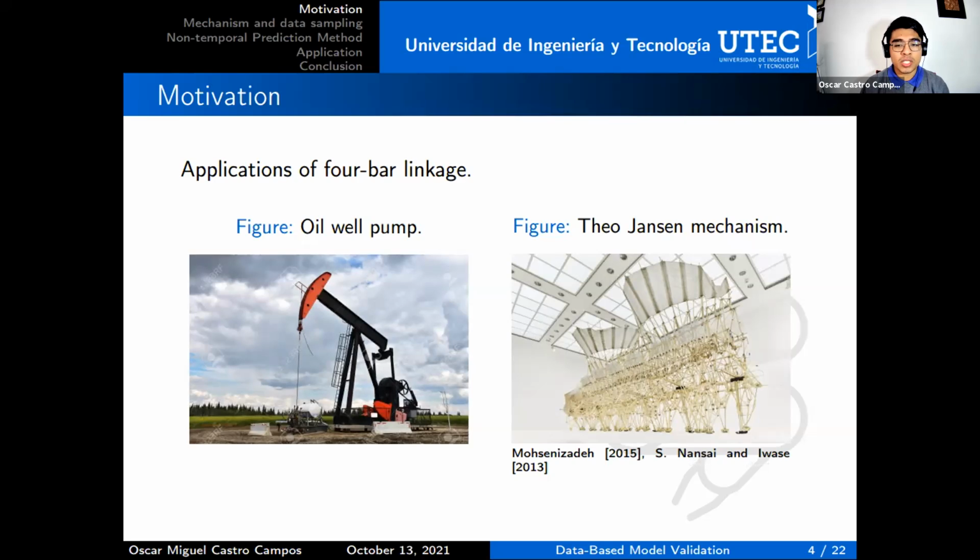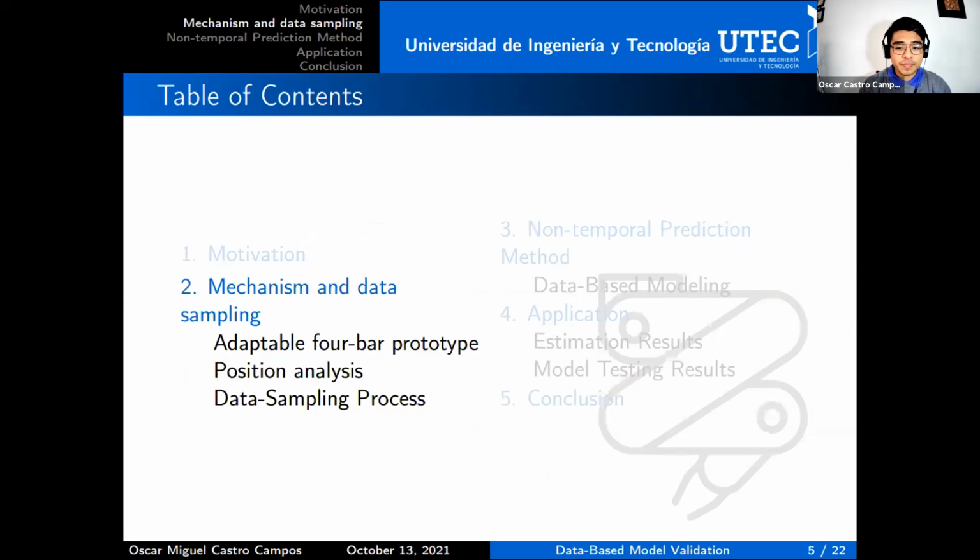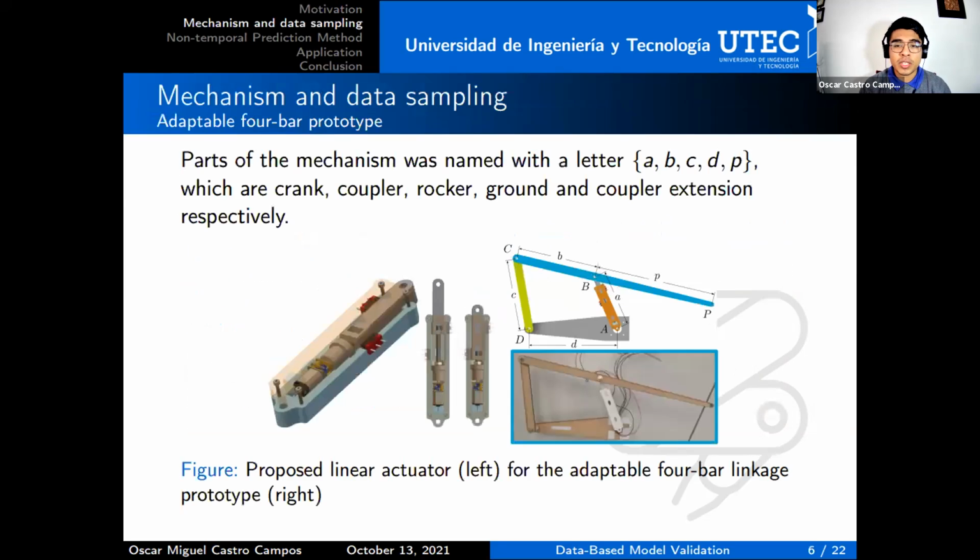It may be due to system disturbances, because the connections between the links are not perfect, or because there is a response time or fatigue in the system.